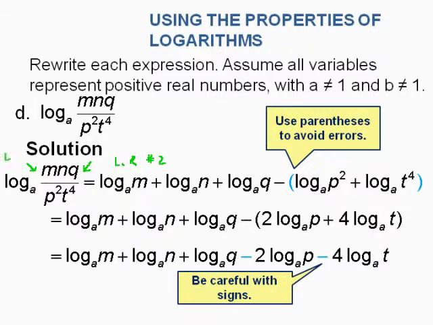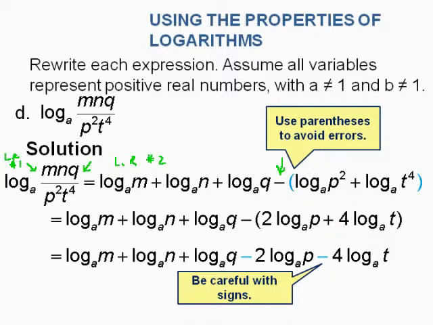So they used both rules 1 and 2 right away. They wrote all the multiplication as addition in the numerator and the denominator, and then since it was divided, they put the subtraction symbol in the middle. So be very careful on these, and it says use parentheses here to avoid errors.